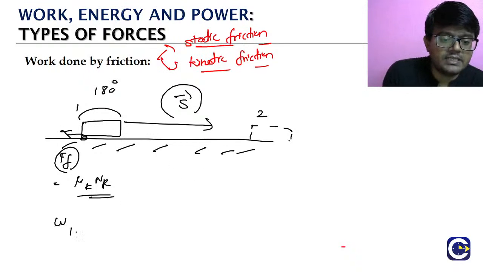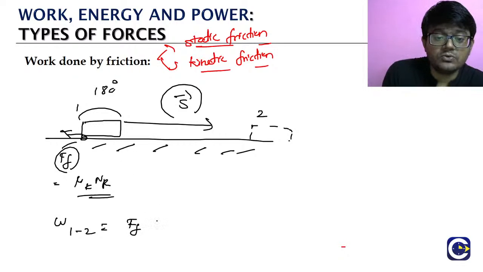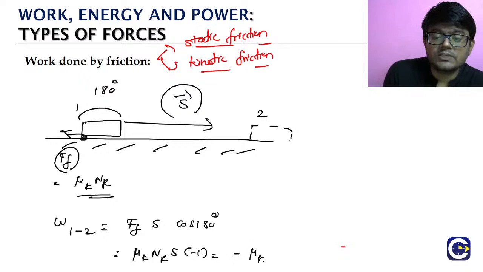So the work done by the kinetic friction from point 1 to point 2 is frictional force into displacement into cos 180, which is mu k into normal reaction into s into minus 1, that is, minus mu k into normal reaction into s.